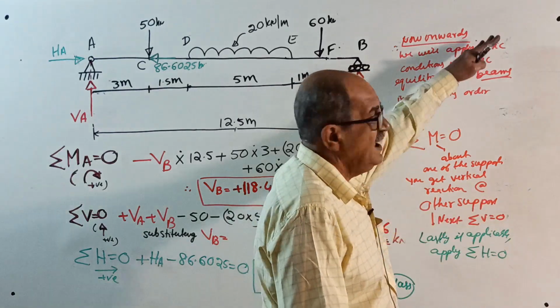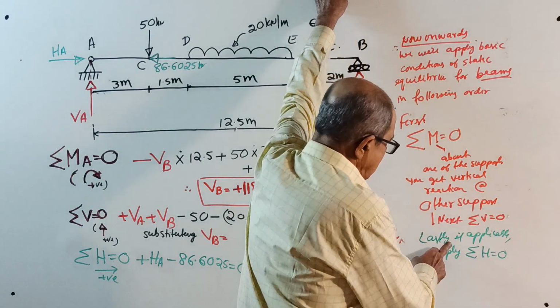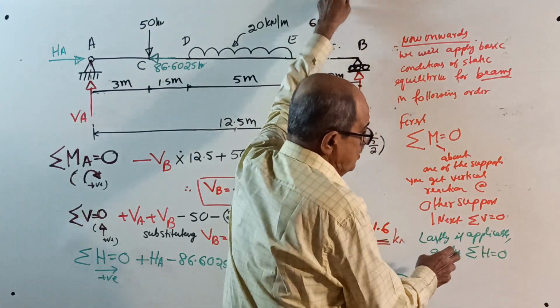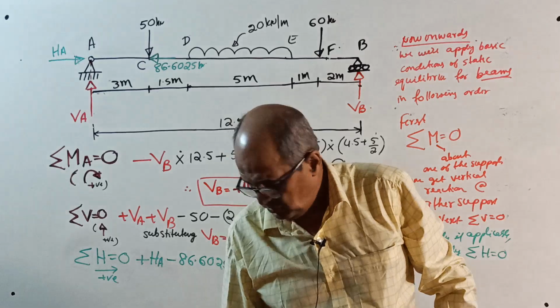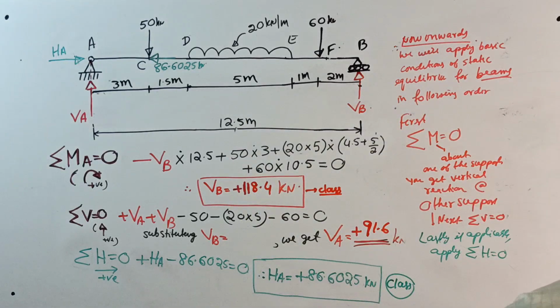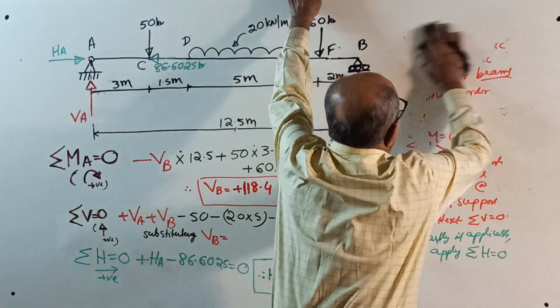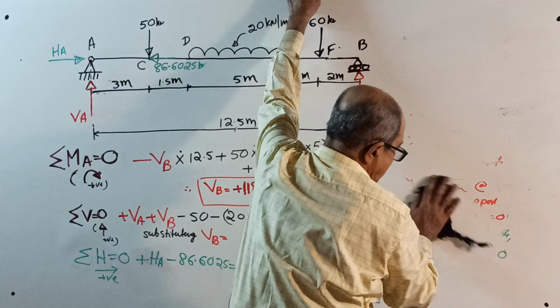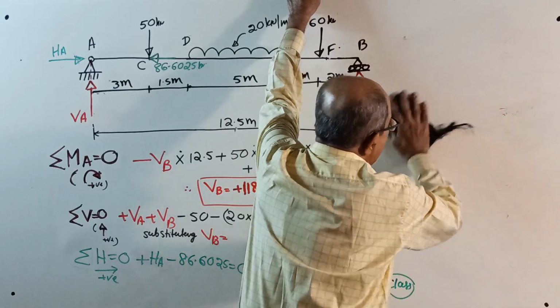Anyway, continue. So remember, lastly apply sigma H equal to 0. As I told earlier, now onwards, when you find reactions, I will put it lastly here, final. I will not tell again and again now onwards.